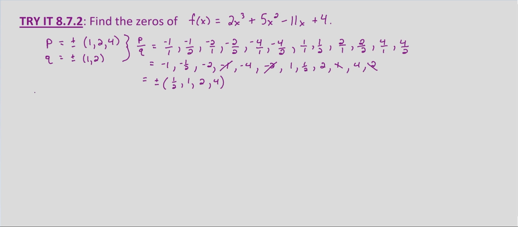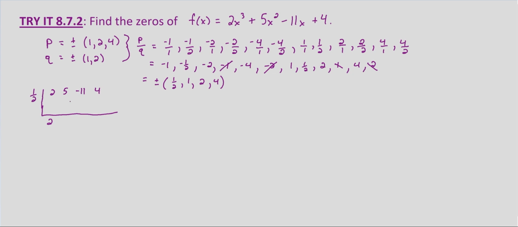So I'm going to put 1/2 over here, and then we're looking at, from our polynomial, 2, 5, negative 11, and 4. And bring down our 2.